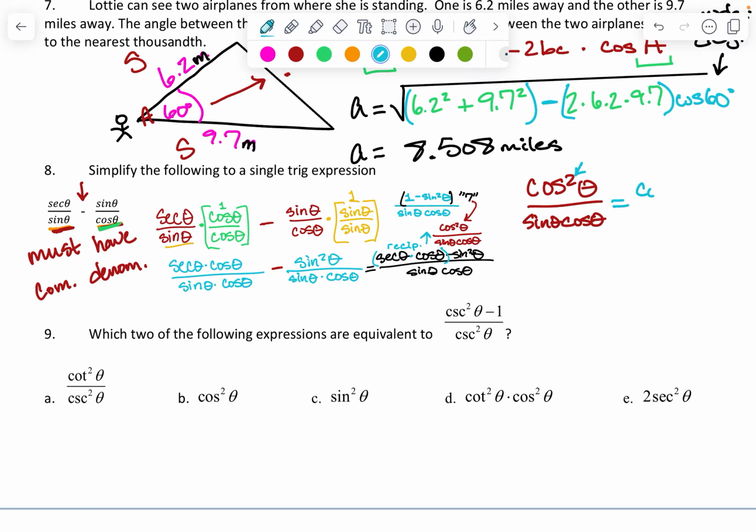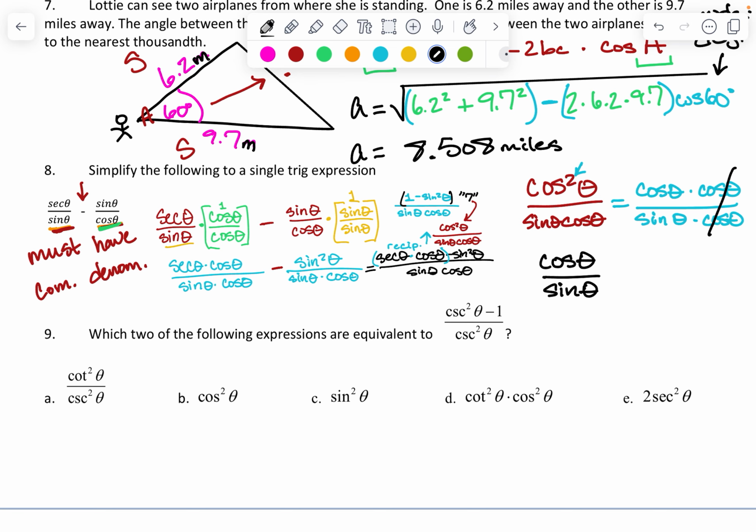That means it's cosine theta times itself, and then you've got that over sine theta times cosine theta. So we're getting really close to being fully simplified here. What we need to do is just cancel out that cosine. What we're left with is cosine theta over sine.